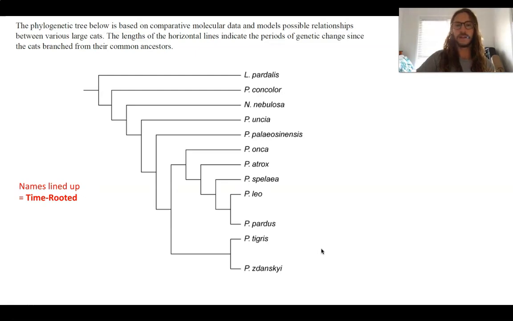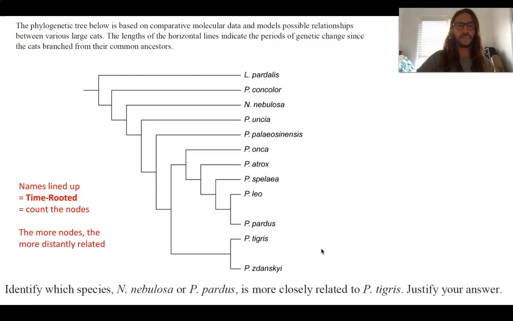To figure out how closely species are related, we're going to count the nodes. Remember, the more nodes, the more distantly related those species are. So the question is, identify which species, N. nebulosa or P. pardus, is more closely related to P. tigris. Justify your answer. So I'm going to highlight these for you, and I would recommend you to do this in the test conditions as well.